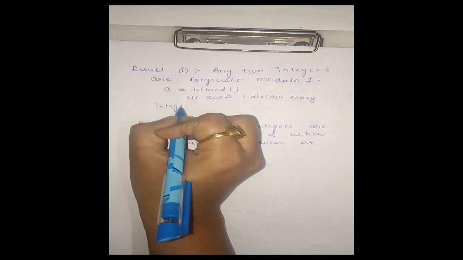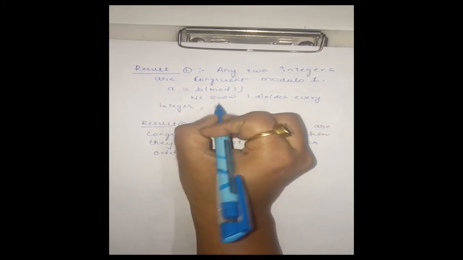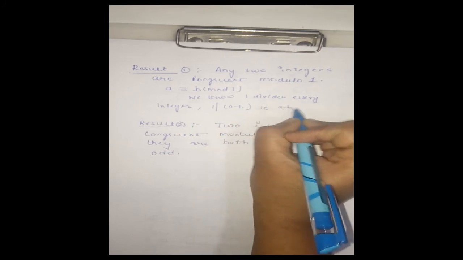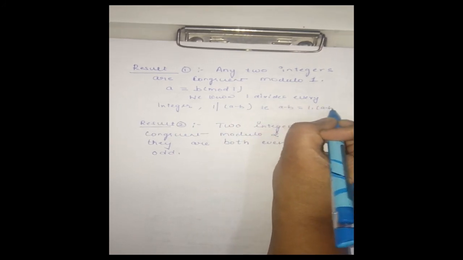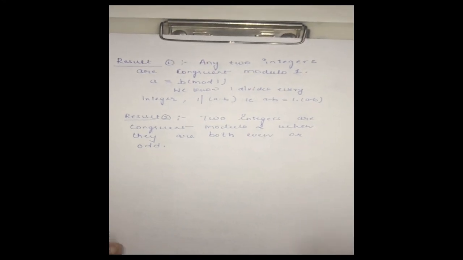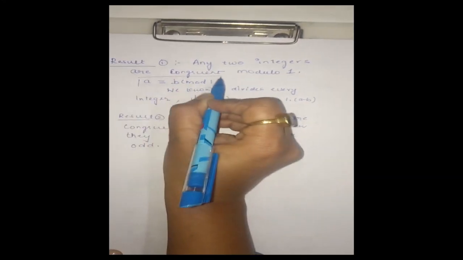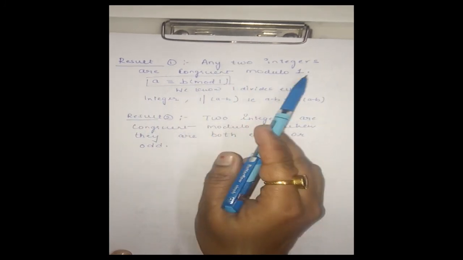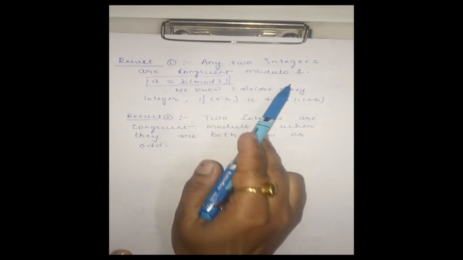Therefore, 1 divides a minus b also, since we can write a minus b as 1 times a minus b, where a minus b is an integer. That means 1 divides a minus b, which means a is congruent to b modulo 1. So any two integers are congruent modulo 1.